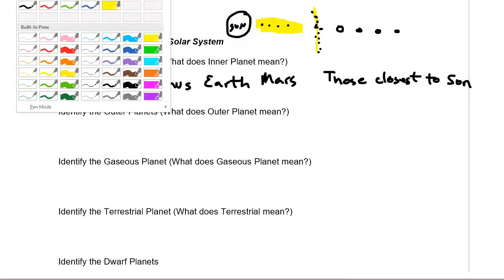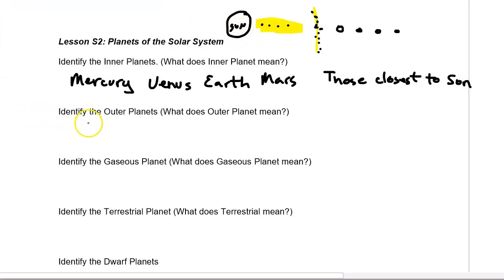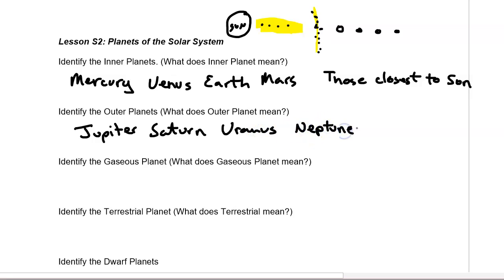So that means the outer planets are Jupiter, Saturn, Uranus, and Neptune, and these are furthest from the sun.